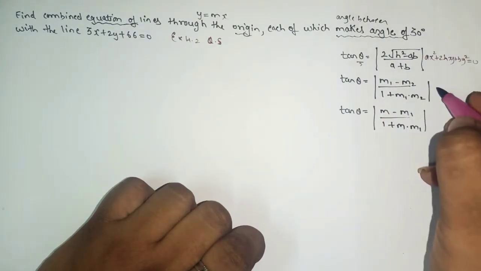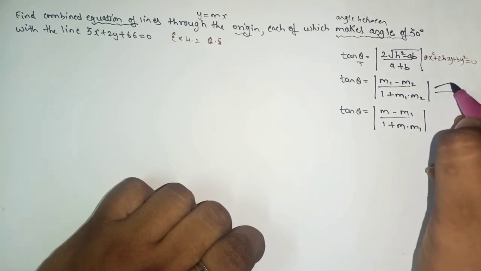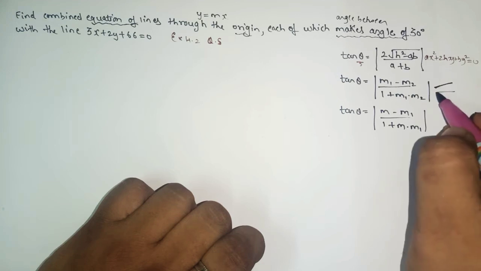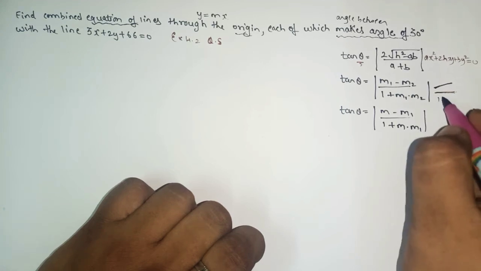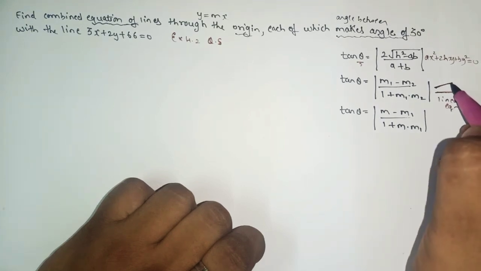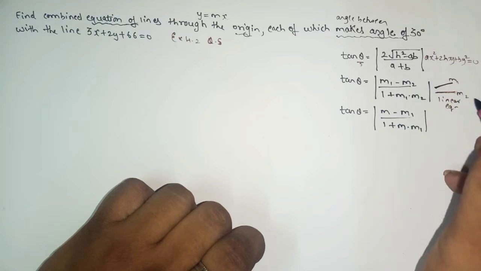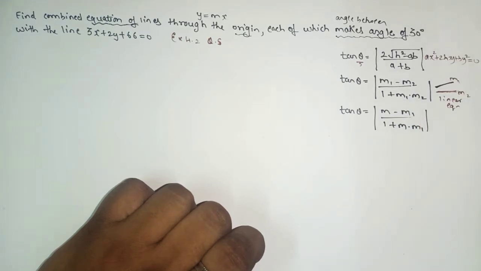You apply the second formula when you have two equations, and the two equations should be linear, yes or no. From the first equation of line you will get m1, from the second equation of line you will get m2. Substitute the values, you will get the answer.